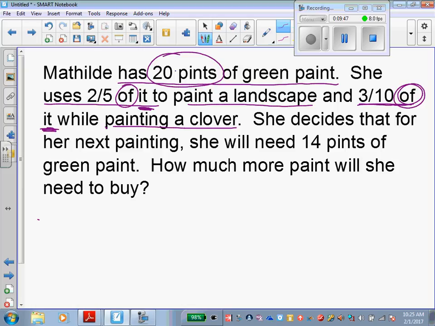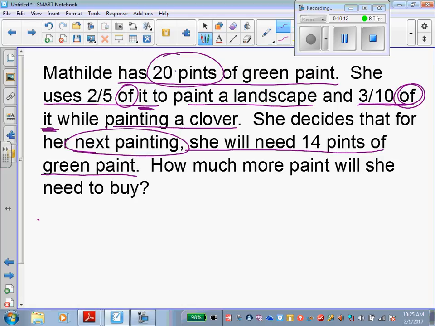Mia: For her next painting, she will need 14 pints of green paint. So that's in addition to the landscape and the clover. For her next project, she's going to need 14 pints of paint.